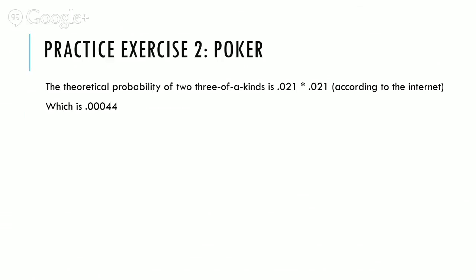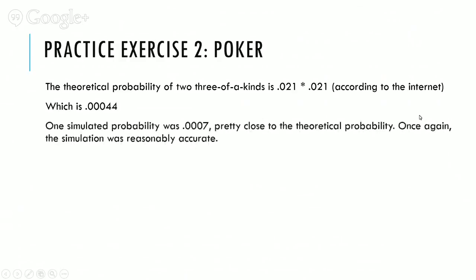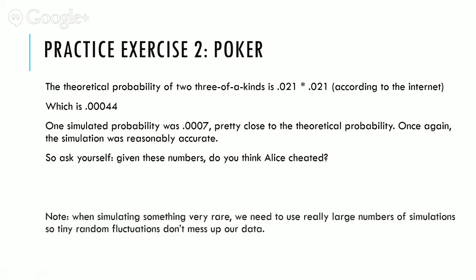Now, 2 simulations of 50,000 each, I found something higher. It was 0.0007 and 0.0006. So maybe the website's wrong, or maybe my simulation was off in some way. Something to think about. Either way, it's in the ballpark. It's pretty close. So once again, it was reasonably accurate. So 7 times in 10,000. Do you think Alice cheated?